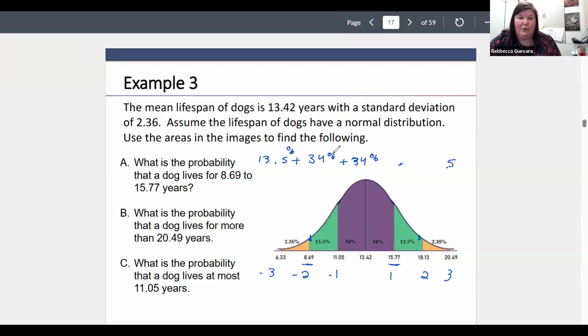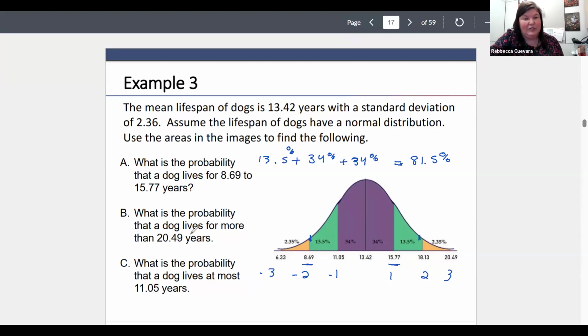If we add that up, we're going to get 81.5% of dogs that have a lifespan somewhere between 8.69 and 15.77 years.